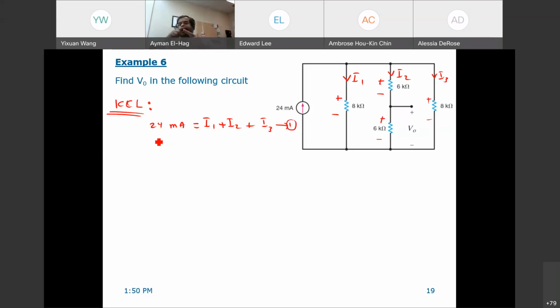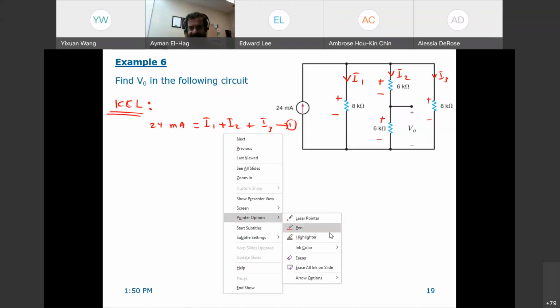Now we will use the different loops, but as I said, make sure that you have independent loops. Do not use, let's say, 2 loops and then the third loop will be a combination of these other 2 loops. Every loop has to be independent from the others. So we will start with this loop, and let me change the color so that you will see that clearly.